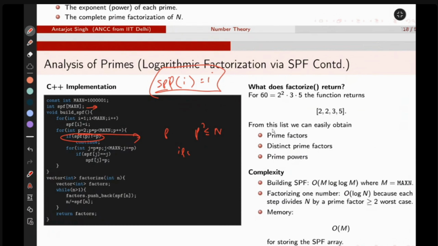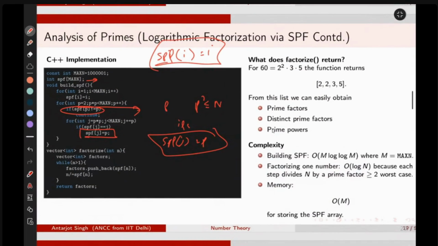Then you have a nested loop going through the multiples: if SPF of j is j, then we mark it as p, because it's the first time it is visited by the prime p.